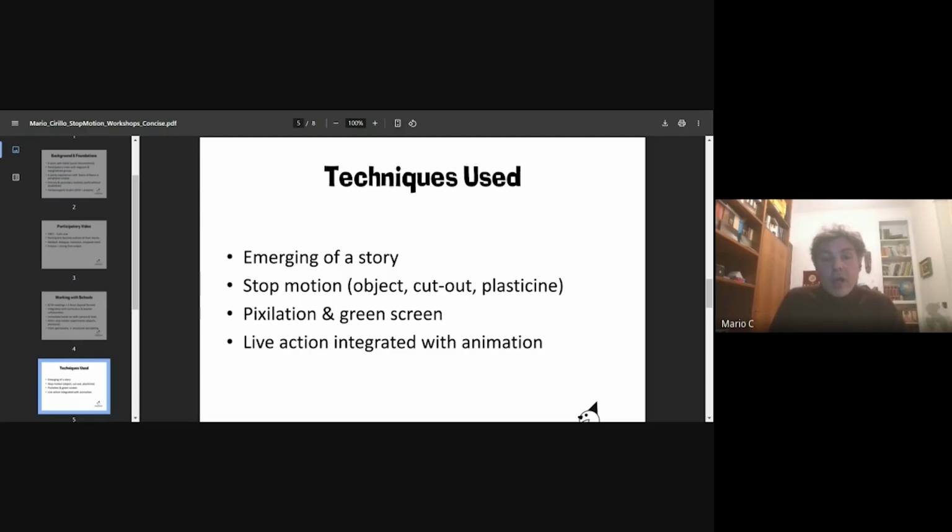Going further, stop motion in general is a very complex, very slow technique, and so organizing a workshop entirely in stop motion and expecting it to produce a short film is something very complex to be done. So normally what we do is we work with mixed media.